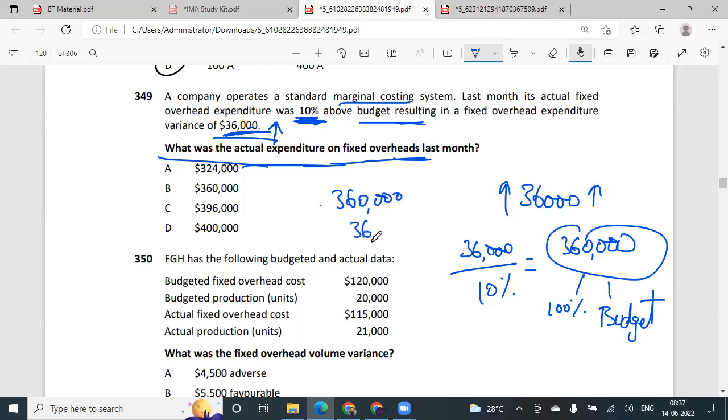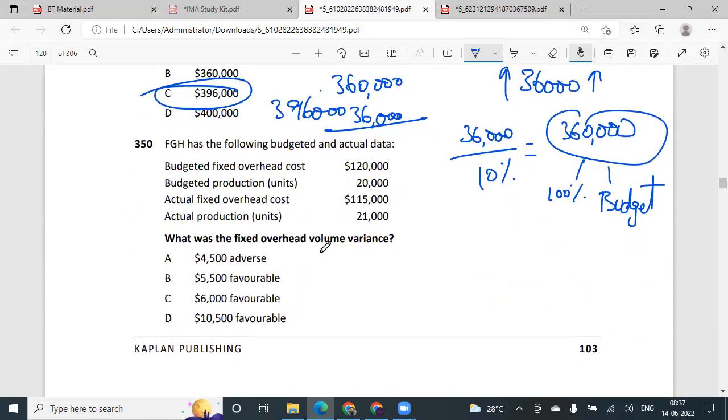So add this 36,000, and it equals how much? 3,96,000. Did you guys get it? Hello. Yes, sir. All right, let's move towards the next question.